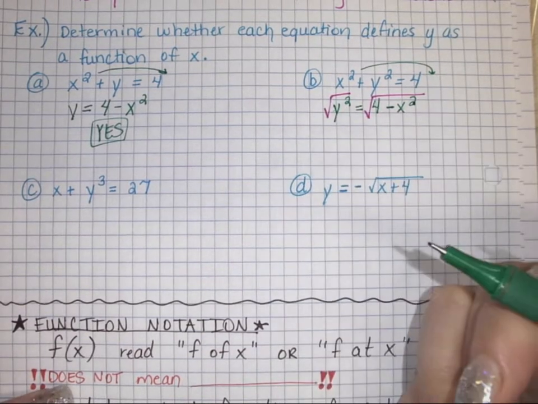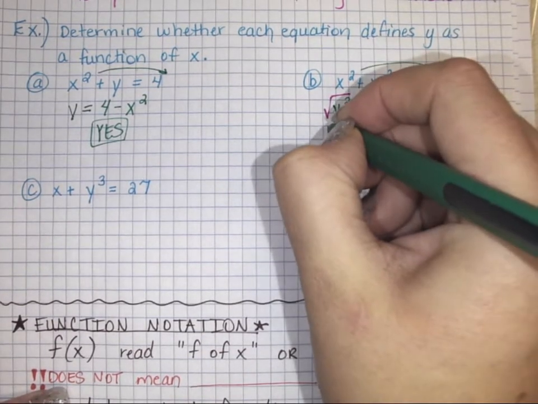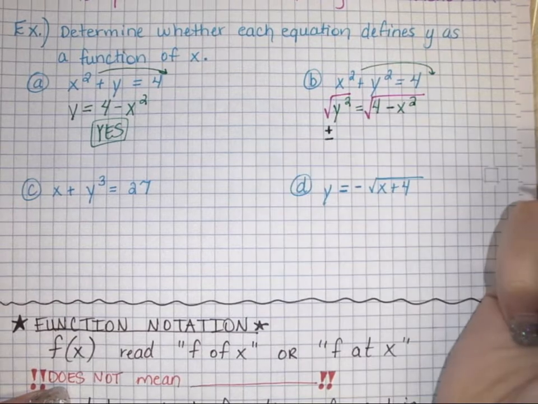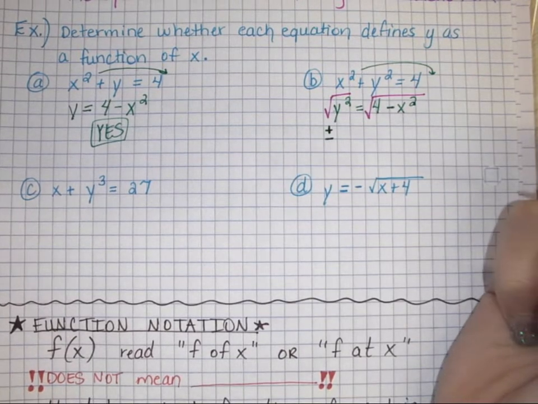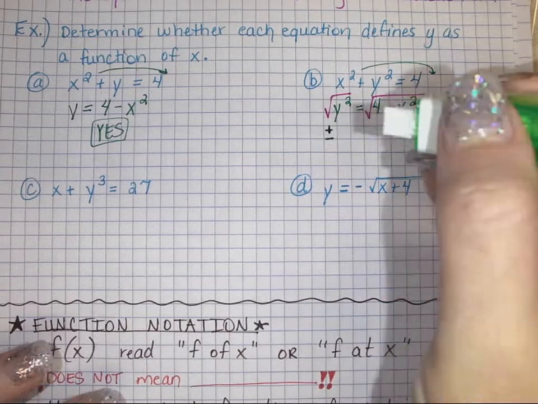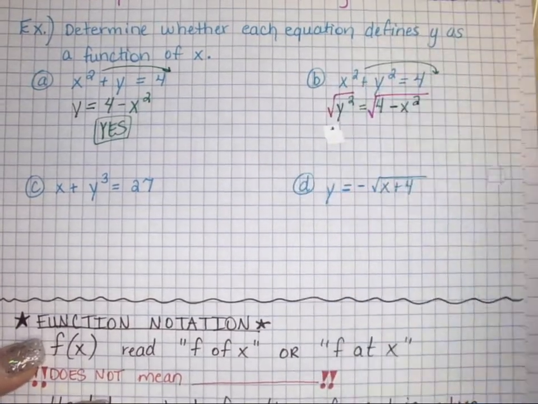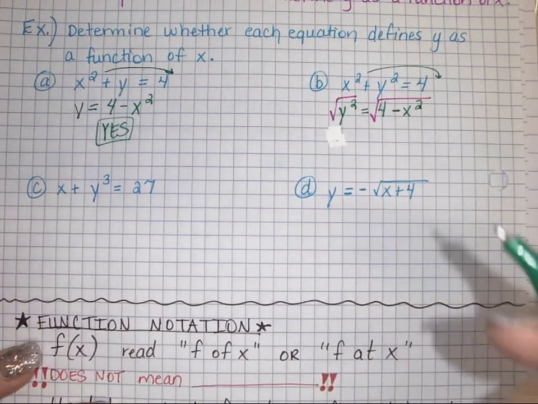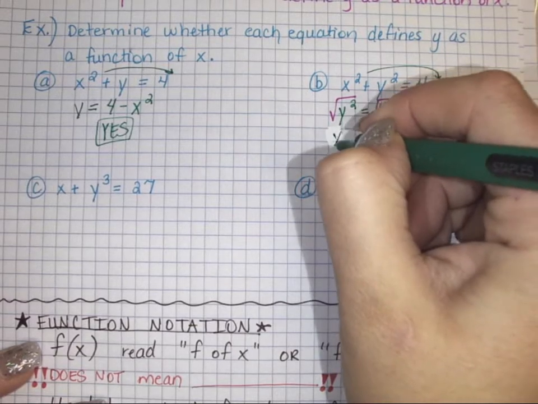When you take the square root of y squared, you only get positive y, rather. I'm only going to get y.